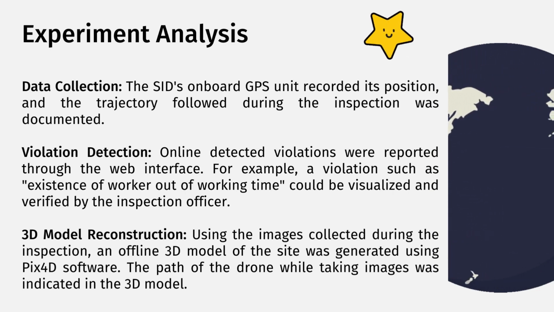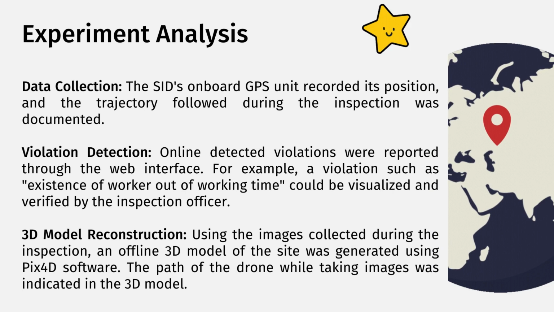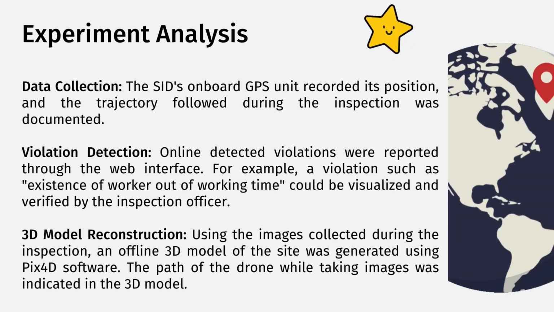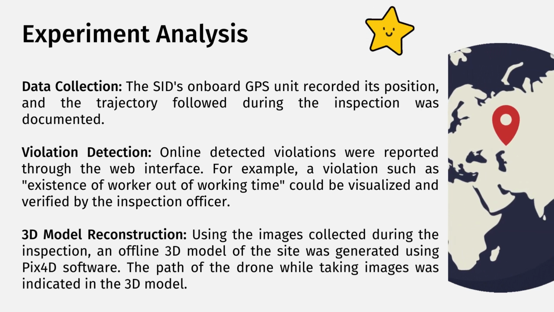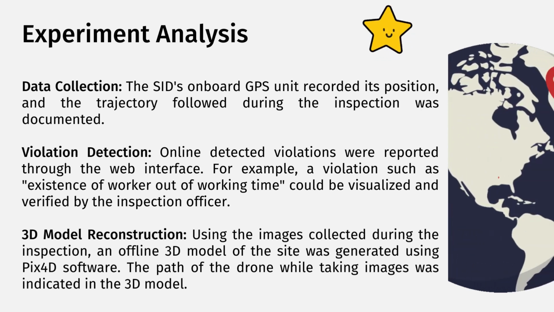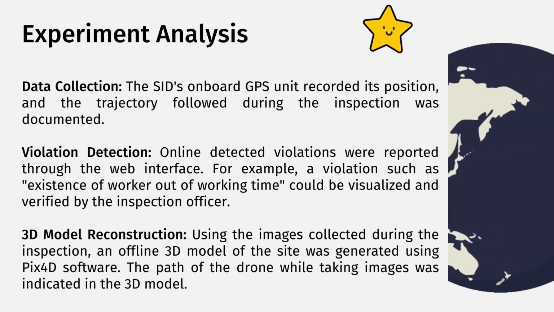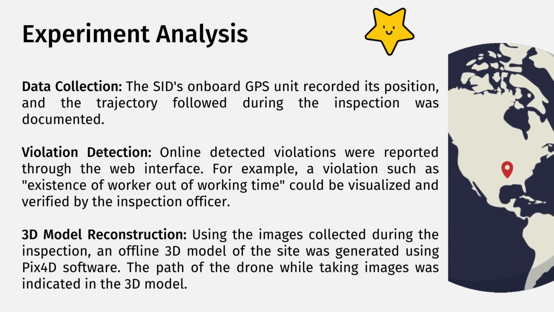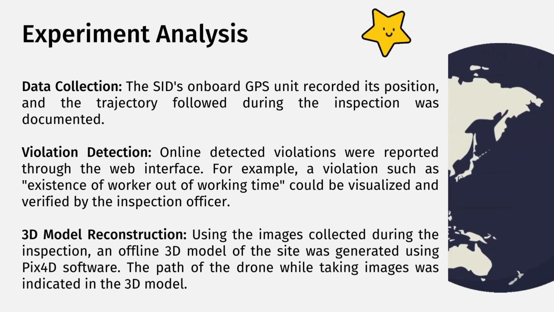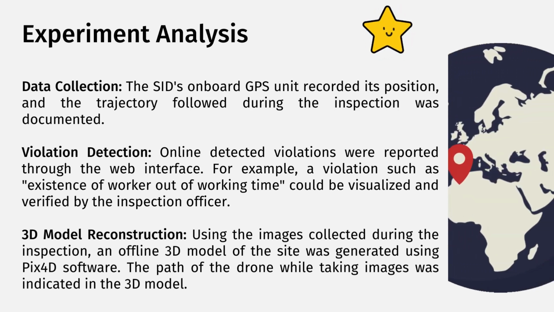For data collection, the onboard GPS unit recorded the position, and the trajectory followed during inspection was documented. Then there is the violation detection: the online detected violations were reported through a web interface. For example, a violation such as a worker present outside working hours could be visualized and verified by the inspection officer.